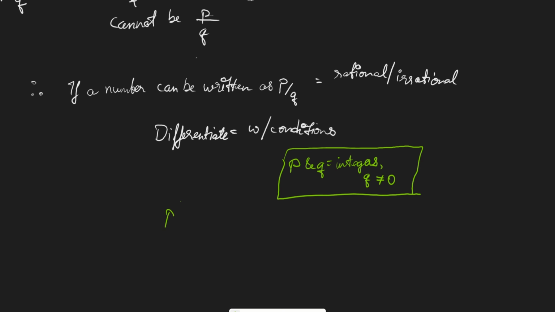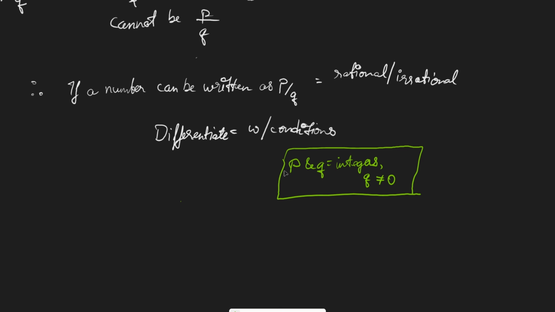All numbers can be written in the form of P by Q, but not all numbers can be written in the form of P by Q when P is a whole number or an integer. For example, pi can be written in the form of P by Q, but we do not have any integer value.